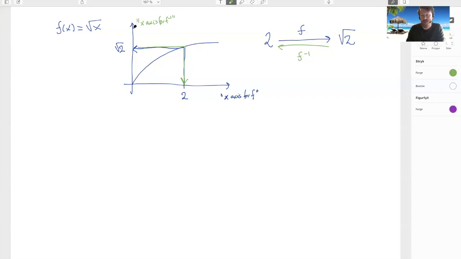And then we would have to think of the y's as the input for f inverse, which can be a bit awkward, so we try to avoid that. But if I now really think of this as the x-axis, and I label this as the y-axis, well, here we have the graph of f inverse, although we would have to put our heads to the side and think of it as a mirror image, because we're used to the graphs lying the other way.